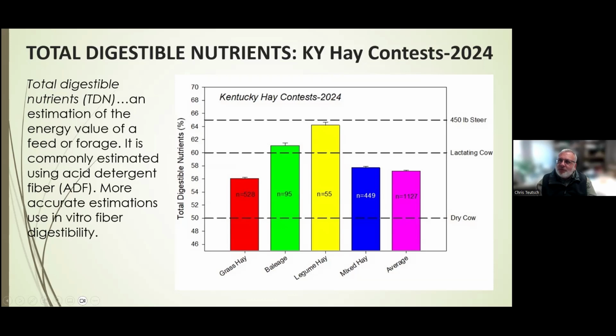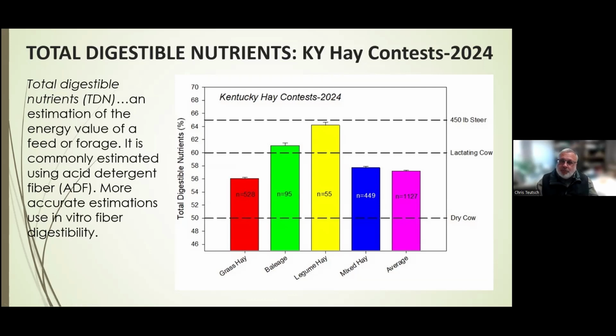When we start to look at the requirements of a lactating brood cow, so that's a calf by her side actively producing milk, we can see that on average, our grass and our mixed hay did not meet the nutrient requirements of that lactating brood cow. And on average, our hay samples over all the categories did not meet the requirements of a lactating brood cow.